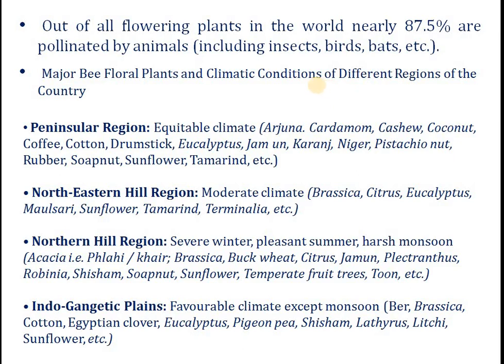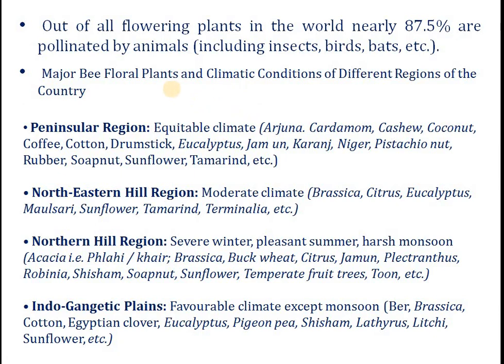Here we have to discuss some major bee flora plants, according to the climatic conditions of the regions of the country, particularly India. These are the various regions. First, the peninsular region, situated among hilly areas with an equitable climate.